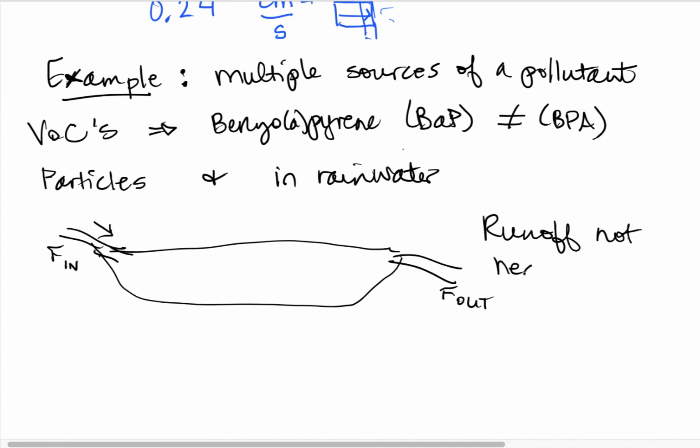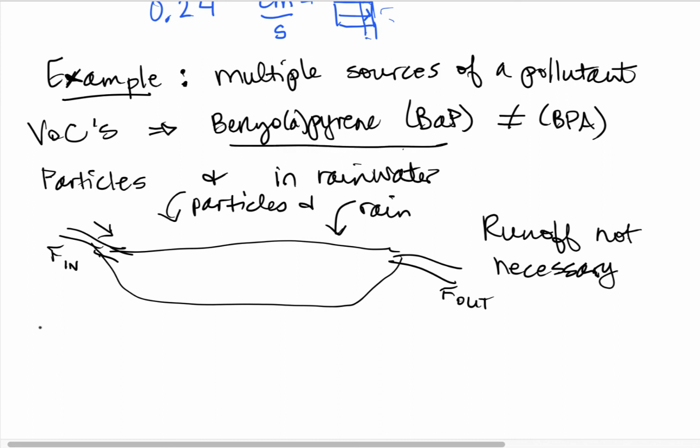It's not really going to add anything, although in a more complicated scenario perhaps we'd want to. Instead, let's think about those particles falling into the lake and rain falling into the lake, both of which contain this source of benzopyrene.